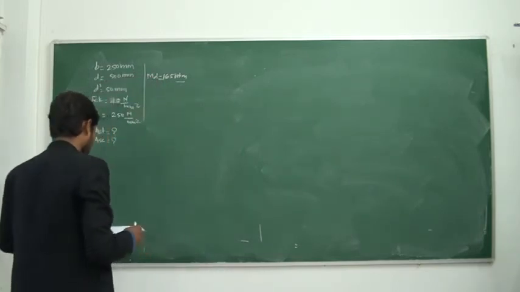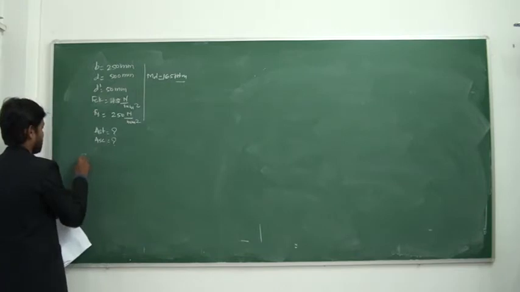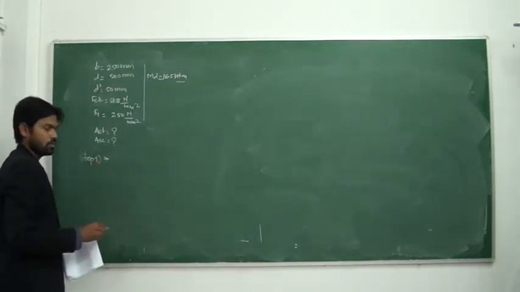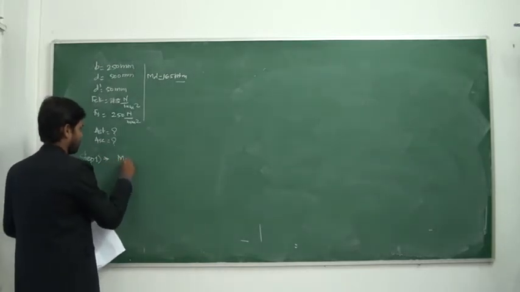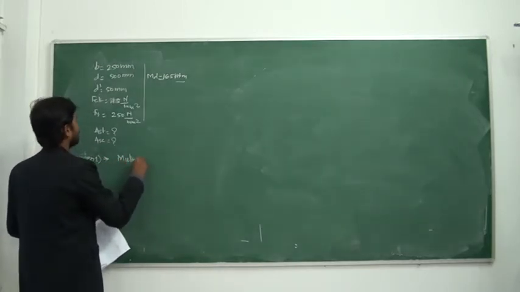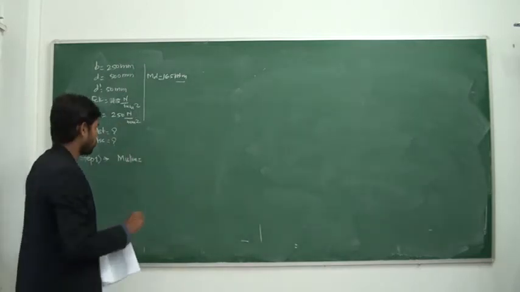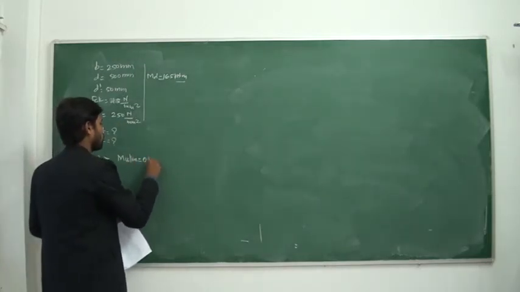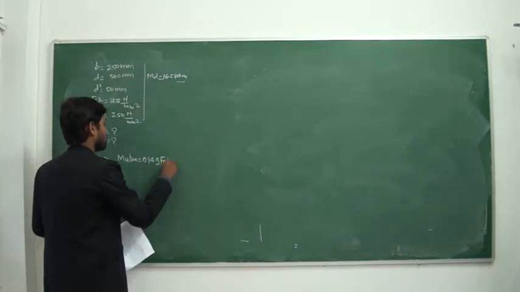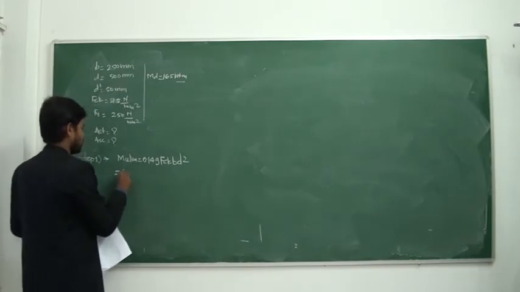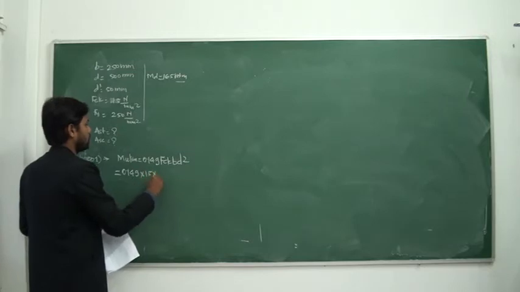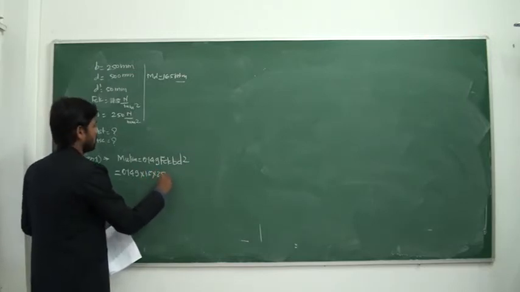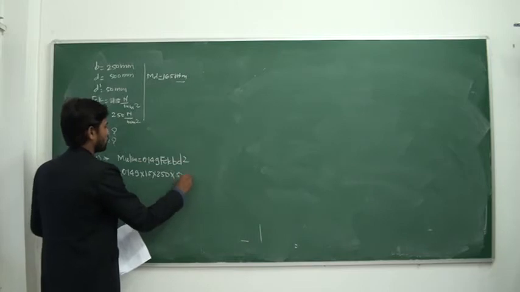Okay. So step number 1 is calculation of design constants. So MU limit. Now we are using grade 250. The formula for MU limit is 0.149 FCK b d square. Substitute all the values: 0.149, FCK, b is 250 and d is 500 square.